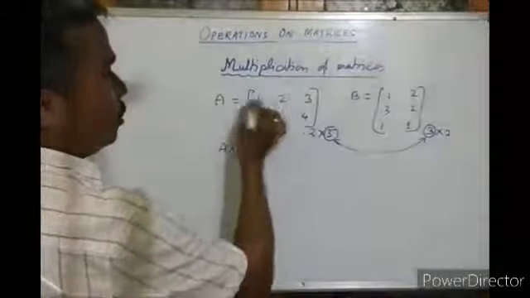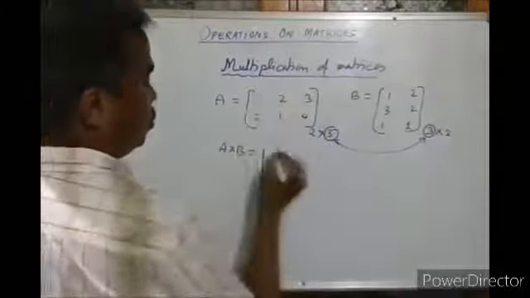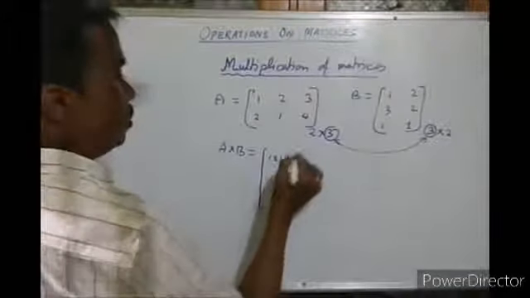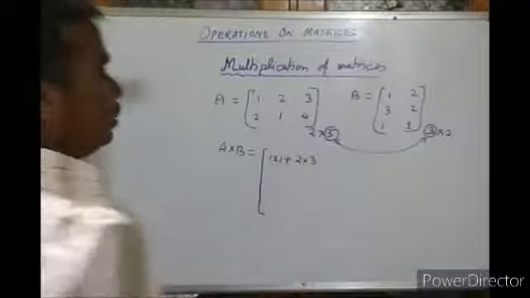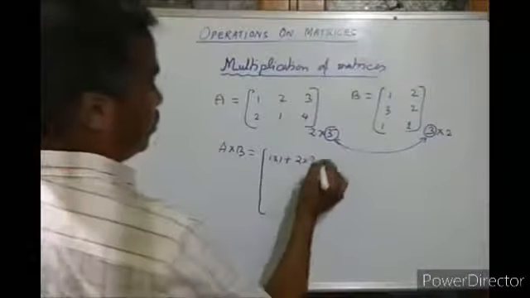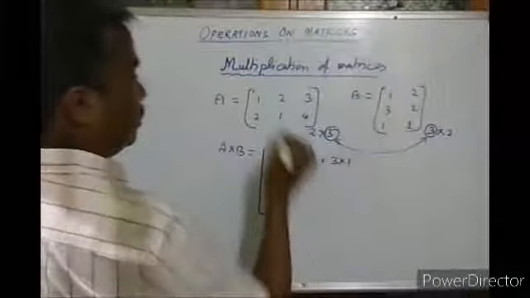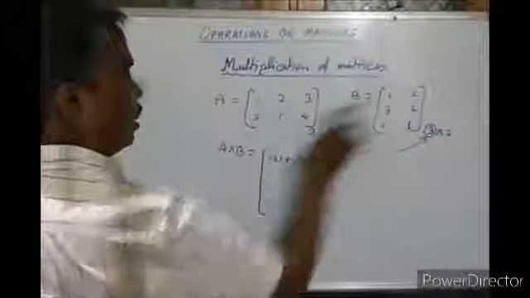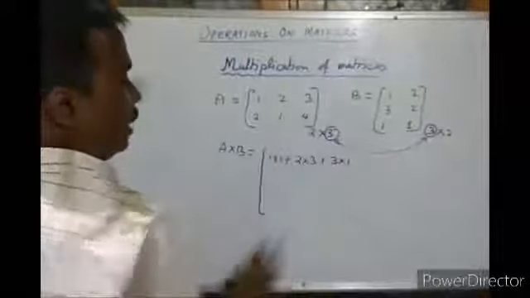We have to multiply row into column. So first row, element 1 into 1 plus 2 into 3 plus 3 into 1. First row into first column. You see 1 into 1, 2 into 3, 3 into 1, and we will add.